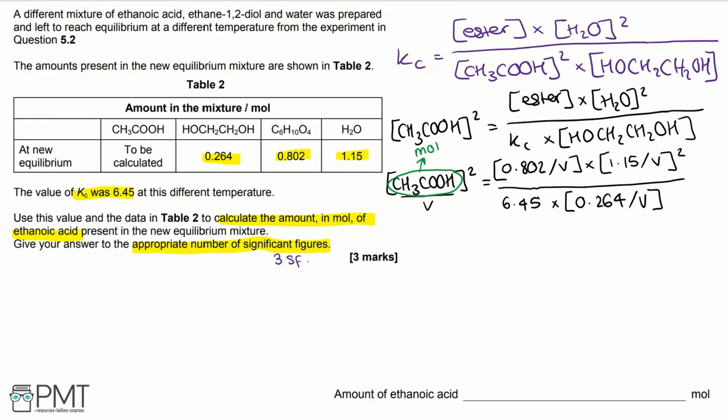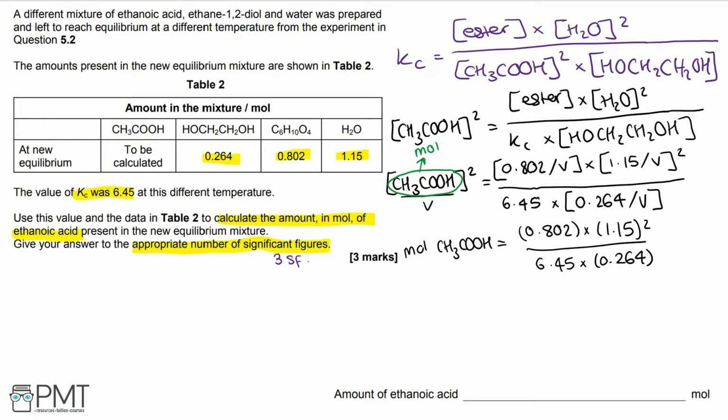So if we did the moles of CH3COOH, that's going to equal 0.802 multiplied by 1.15 squared divided by 6.45 multiplied by 0.264. And then we're going to square root all of this because we've got our moles squared in our original expression.